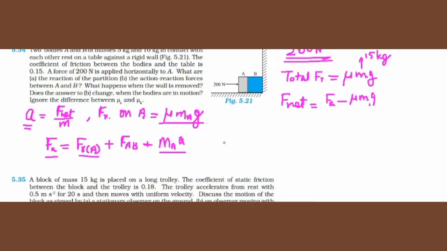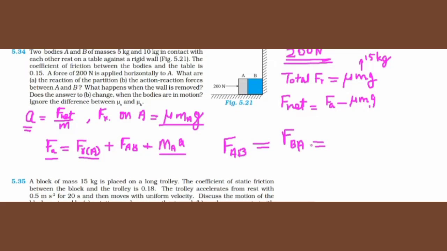So you can substitute those values and find FAB, the force applied on B by A, which will be equal to FBA also, action and reaction. So substitute the values and find the answer.